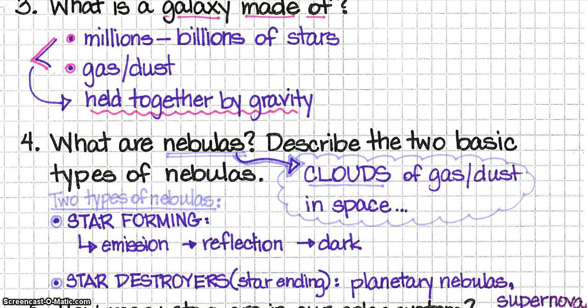So what are nebulas? They touched on this in Lesson 1. Nebula, if I remember correctly, is the Latin word for cloud. So a nebula is basically a cloud. It's a cloud of gas and dust in space. Particularly your emission, reflection, and dark nebulas, usually the cloud of gas and dust is mostly hydrogen because that's the lightest element.